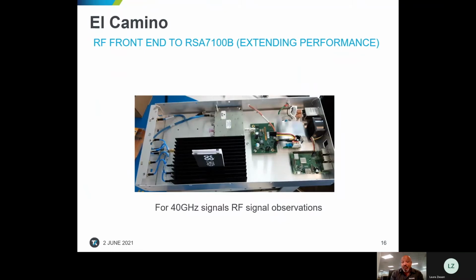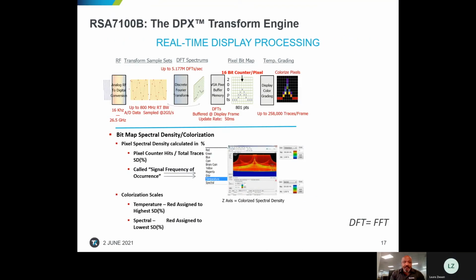Those that currently extend to only 26 gigahertz, we are looking to invest in a disaggregated front-end module that allows for measurement of performance of signals up at 40 gigahertz and thereby extending the range of the 7100 Bravo. And with that extension to 40 gigahertz, the RSA 7100 gives to the customer the ability of the DPX transform engine.